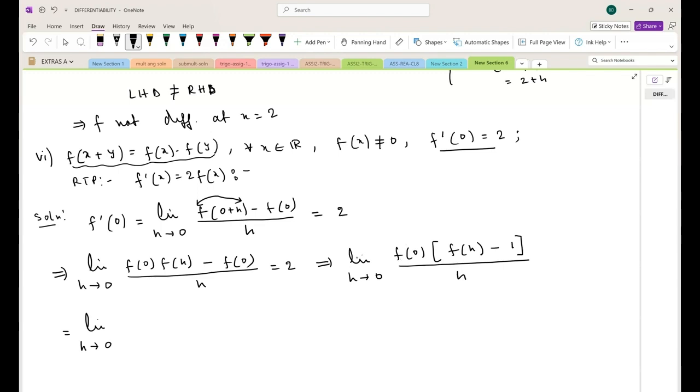So that means I can write, so this implies that 2 equal to f0 limit h tends to 0 fh minus 1 by h.